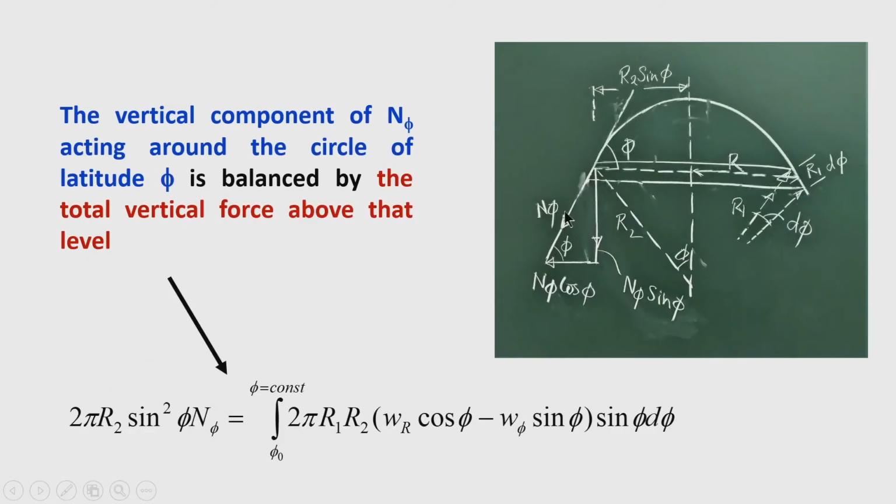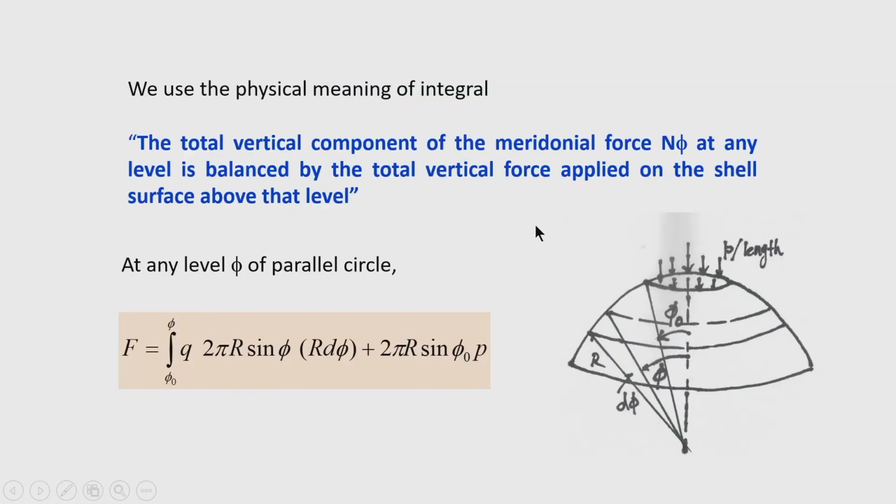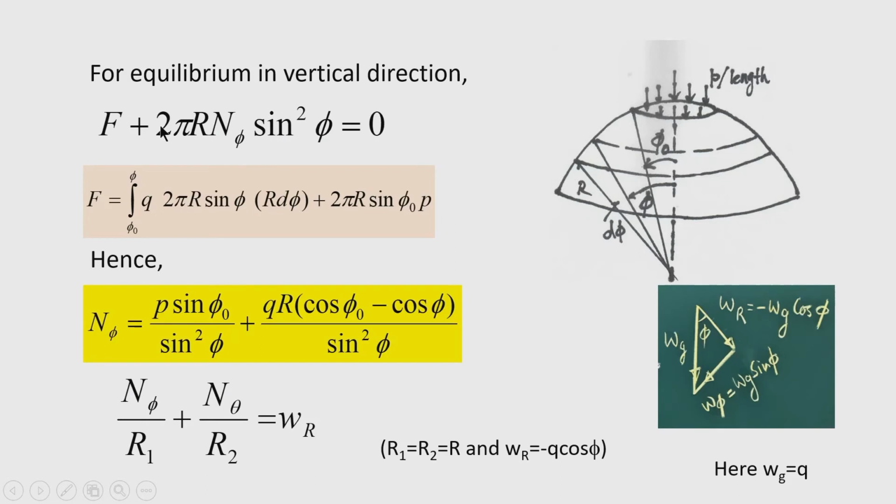The total vertical component of the n phi at any level phi will be n phi sin phi into the circumference of the parallel circle at this level. So, n phi sin phi is the vertical component of the meridional force per unit length, and when we multiply it by the circumference, that is 2 pi r sin phi, it represents the total vertical component of n phi at the level phi.